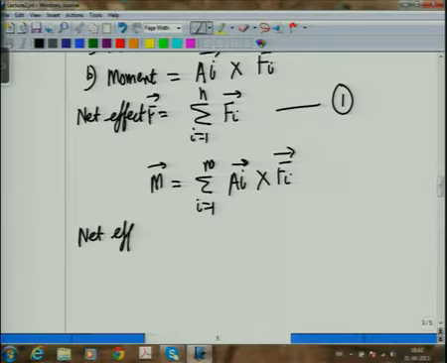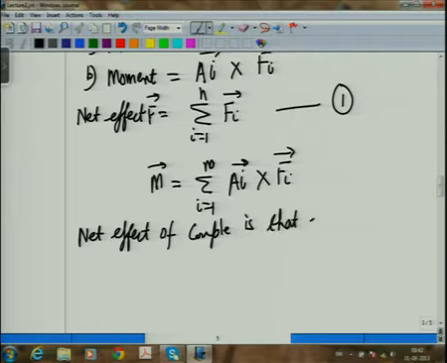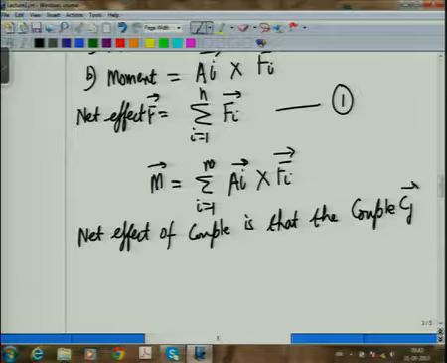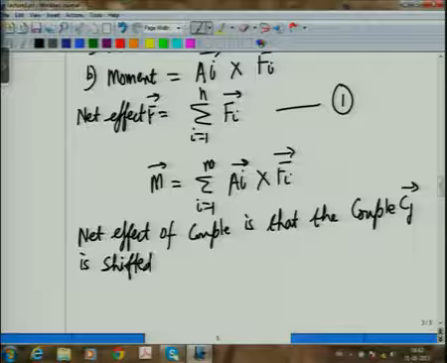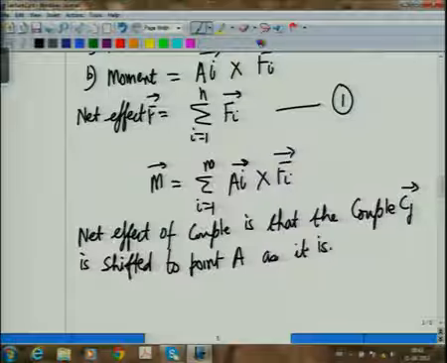net effect of couple is that the couple Cj is shifted to point A as it is.